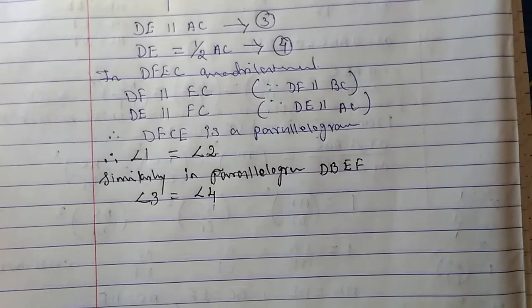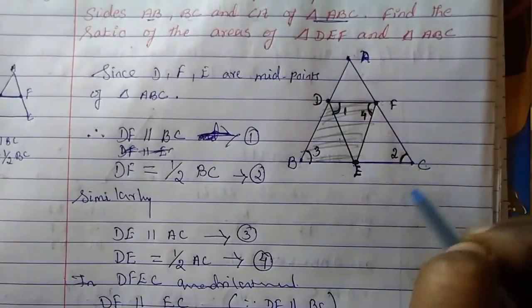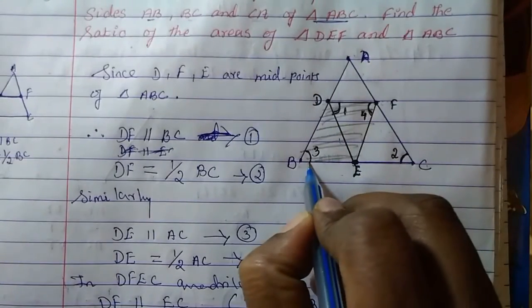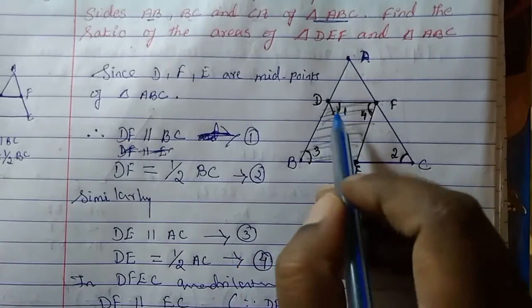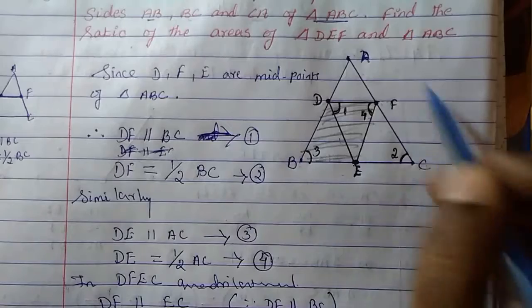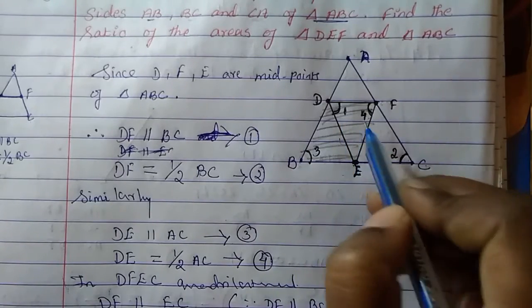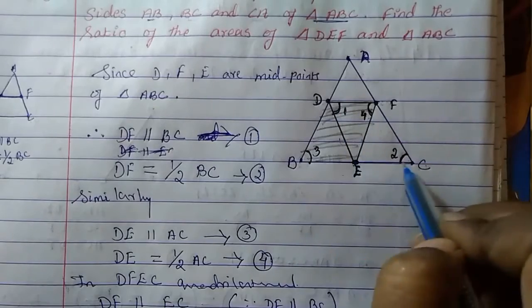Okay, so now just look at here. Now look at this triangle ABC. In triangle ABC, you have angle 3 which is equal to the small triangle angle 4. So same way in this big triangle, angle 2 is equal to angle 1 in this small triangle. So now these two angles are equal to these two angles.